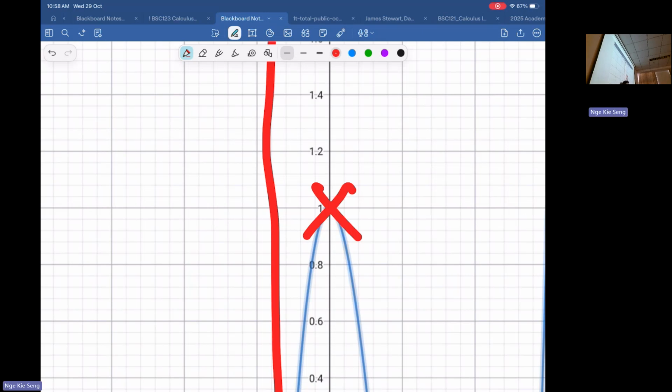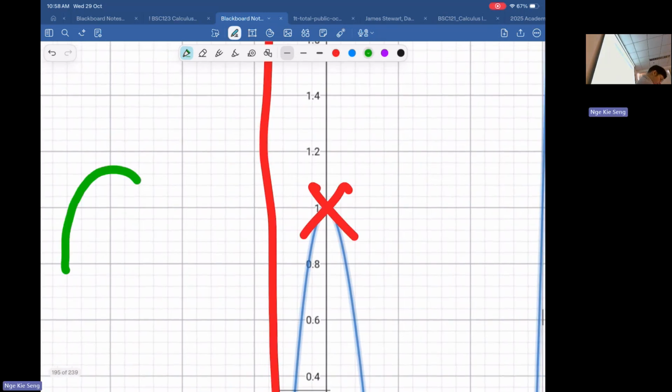Which one is more stationary than the other, maximum or minimum? What do you think? In Chinese, which one is more stable, maximum or minimum?